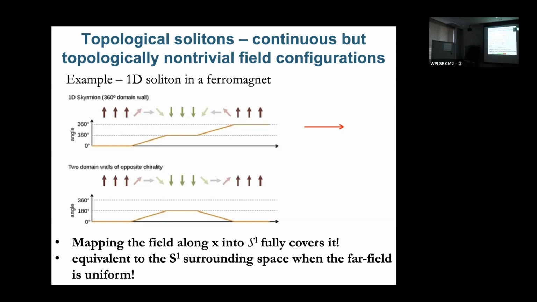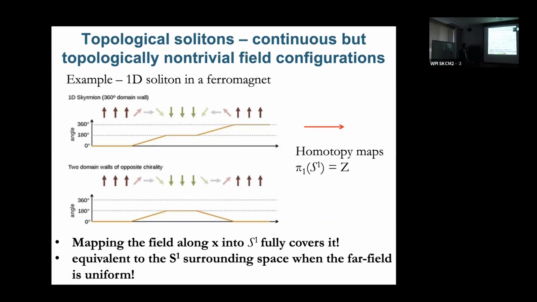In this case, in the two ends of this R1 space, we have the same orientation of this unit vector, and therefore, this order parameter space can be compactified on a circle. So you could connect the two ends of this R1 space and compactify it on a circle.